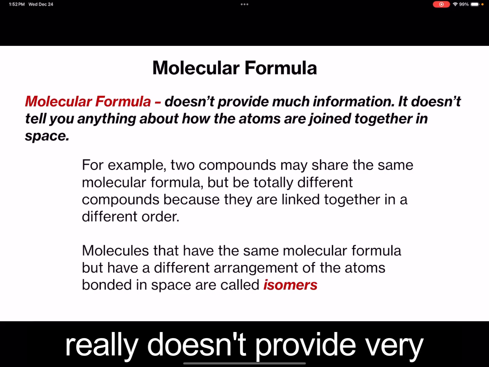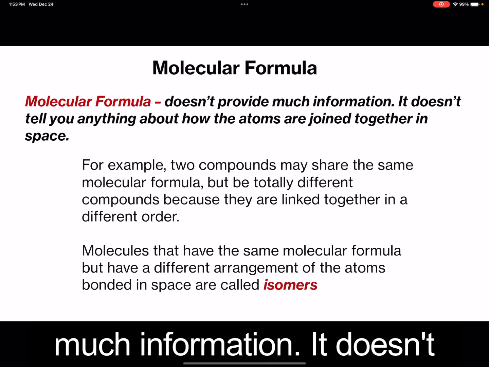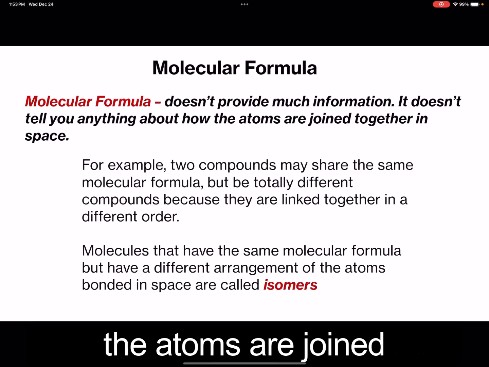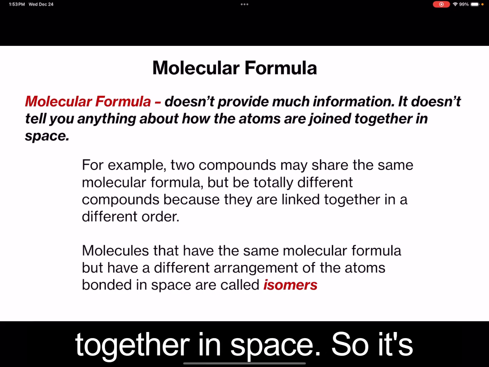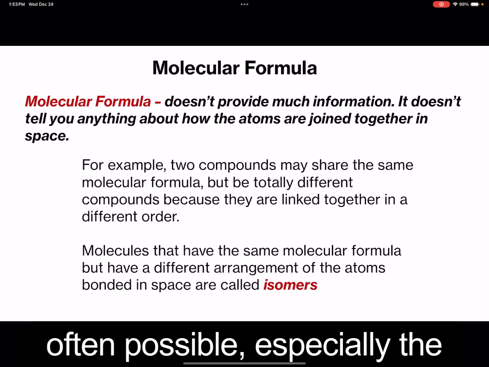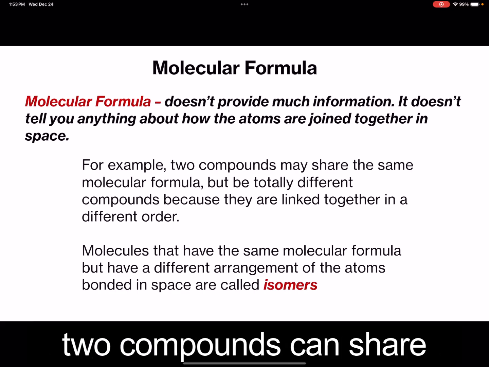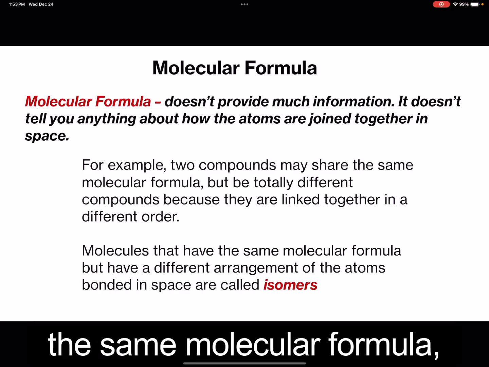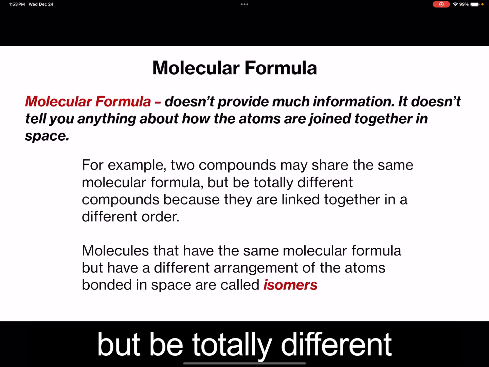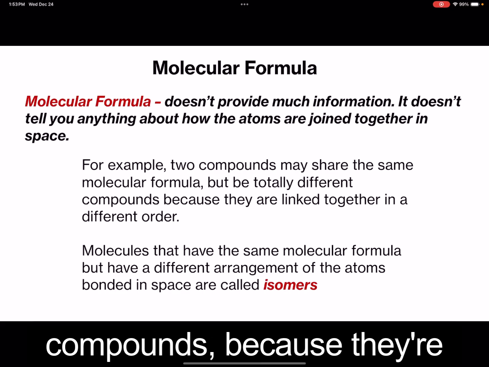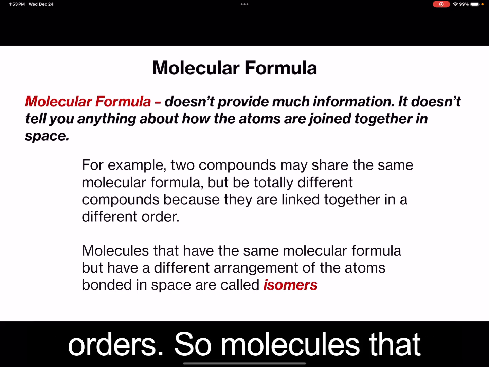So the molecular formula really doesn't provide very much information. It doesn't tell you anything about how the atoms are joined together in space. So it's often possible, especially the larger the molecule gets, that two compounds can share the same molecular formula, but be totally different compounds because they're linked together in different orders.